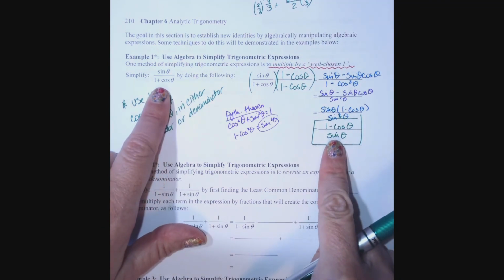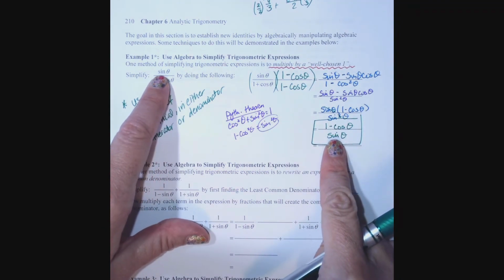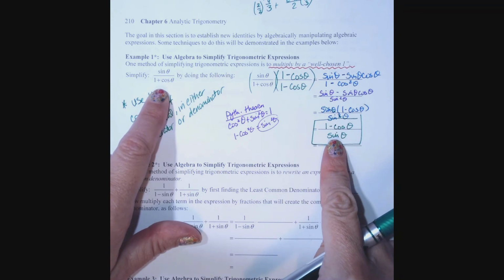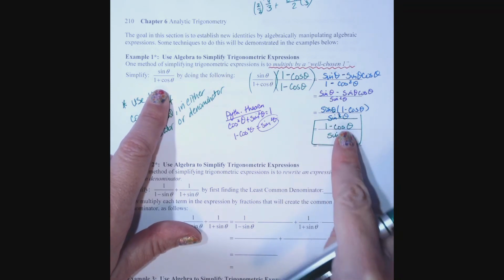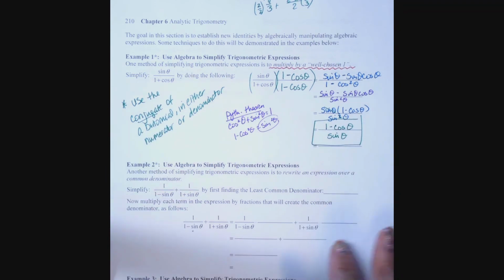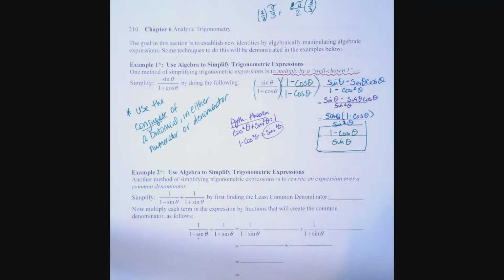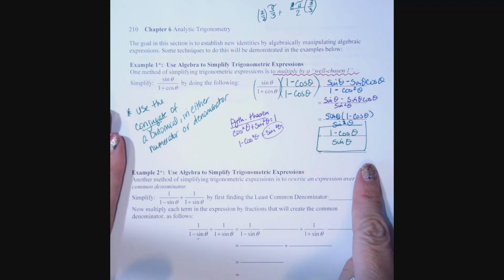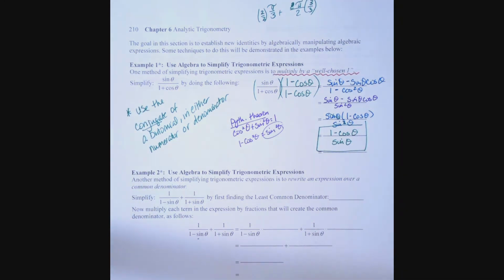Now, all I did was rearrange some things, right? What I did was say sine theta over 1 plus cosine theta is going to be equal to 1 minus cosine theta over sine theta. It might have advanced me forward if it were part of a larger problem. Right now, what we are doing is practicing manipulating the terms.